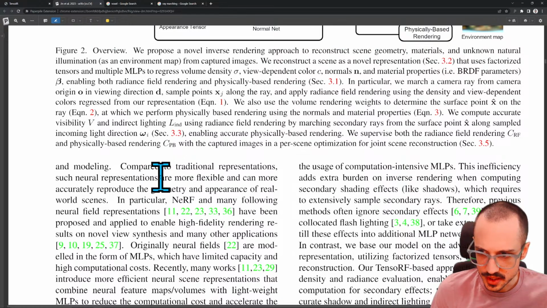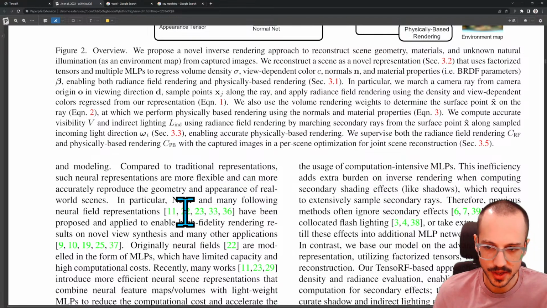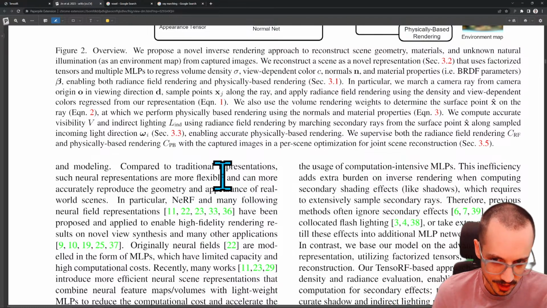Compared to traditional representations, neural representations are more flexible and can accurately reproduce the geometry and appearance of real-world scenes. Yes, NeRFs are very good and they're very popular, and there's a reason that they've been growing like wildfire, because they represent a new fundamental way of doing 3D rendering. My prediction is that all of the forms of 3D rendering that we have now, the way that video games are done, the way that CGI is done for movies, all of that is going to be replaced by NeRFs.